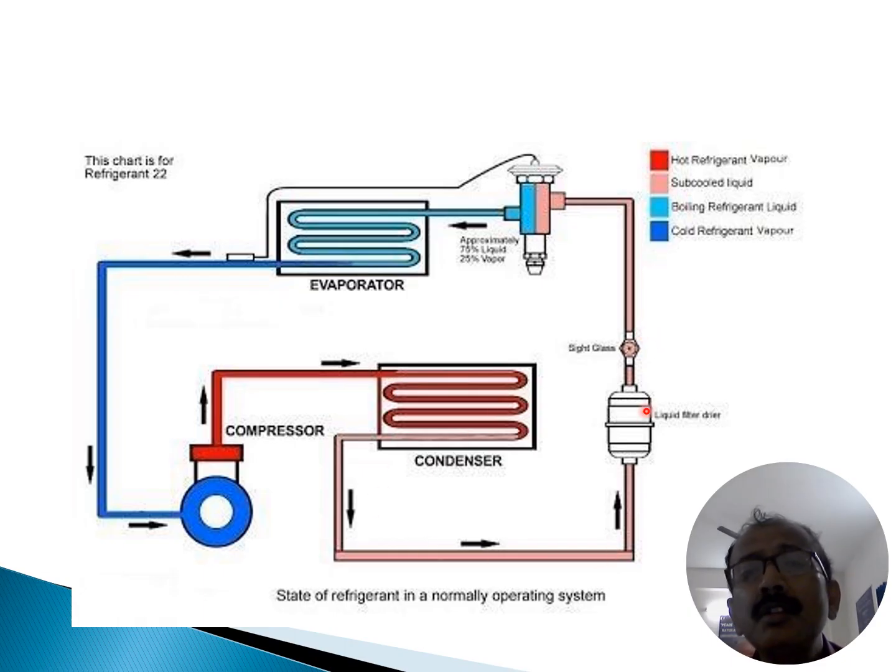That subcooled liquid passes through the expansion valve or throttle valve before entering the evaporator, and becomes cold, boiling refrigerant. When it enters the evaporator, it absorbs heat and is converted into cold refrigerant in the form of vapor.